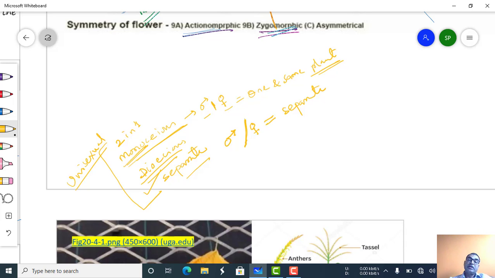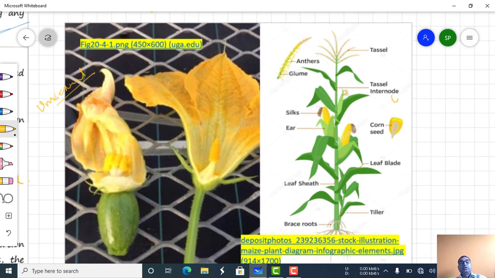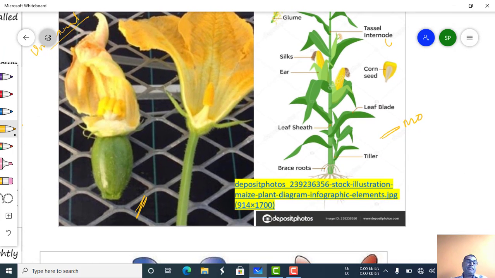In this case, the plants may be the male plant as well as the female plant. The male plant bears the male flower and the female plant bears the female flower. If you see here, these are the two images. This one image represents the monoecious plant, while this image represents the dioecious plant.